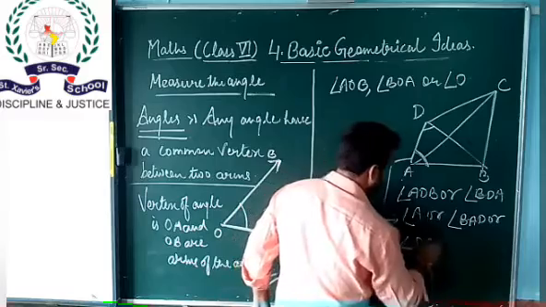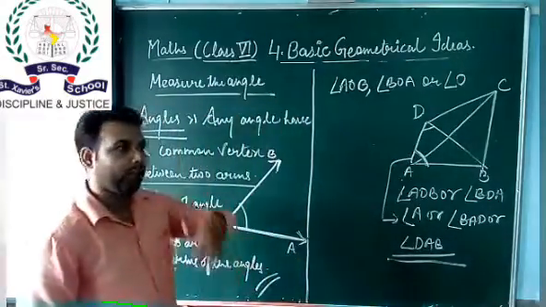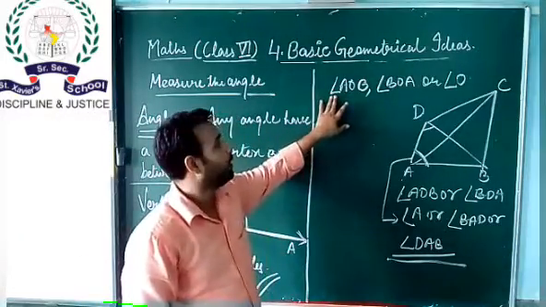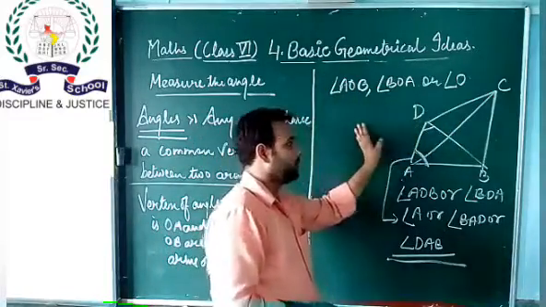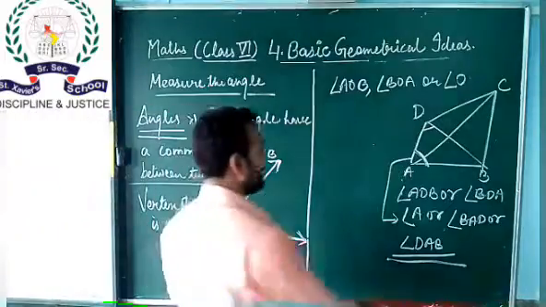Whenever you write the name of any angle, you must take this angle sign also, and then write the points in front of that. It means you have to write the name of the angle.